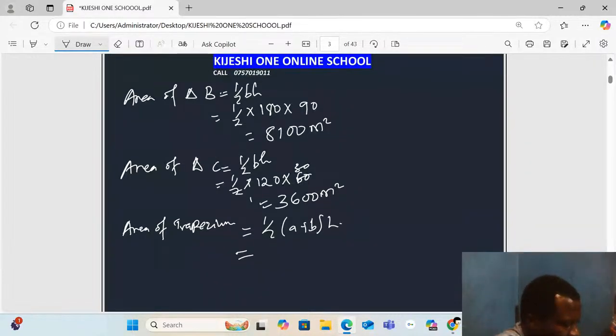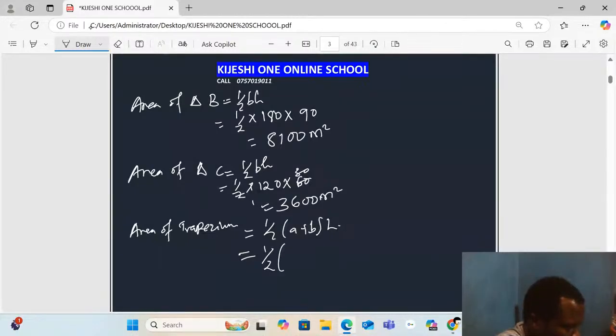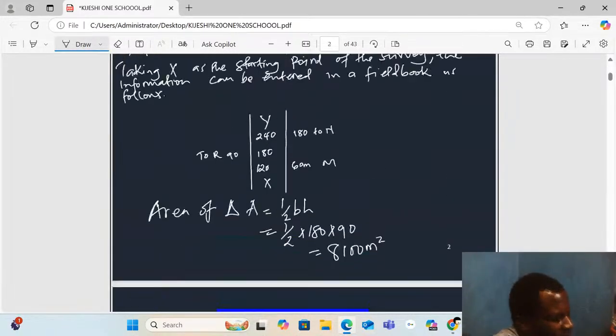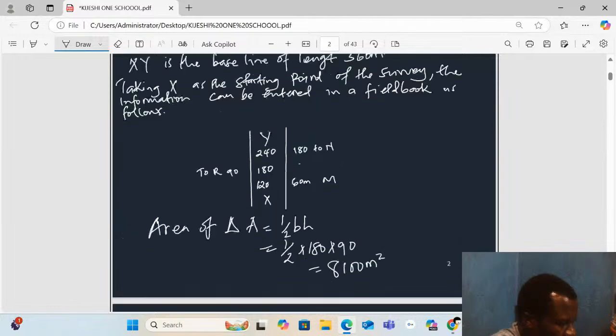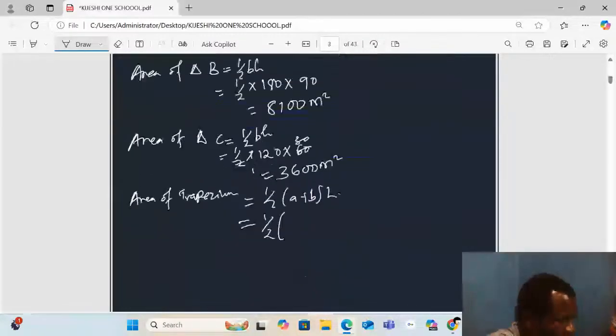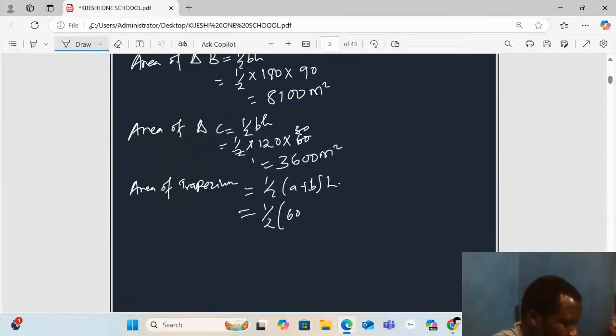From our diagram, we have a half into A plus B. We take 60 plus 180, then the base we take 240 minus 180, and we'll have 60 plus 180. Then the height will become what? 120.